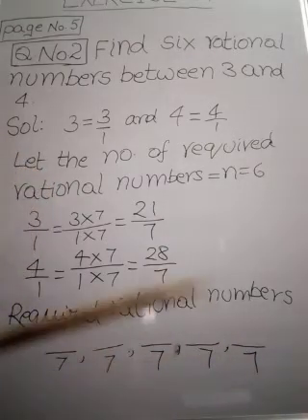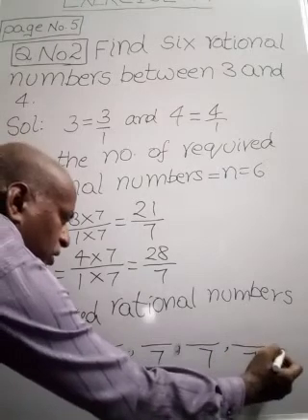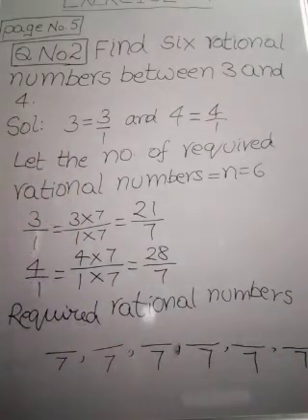How many rational numbers did I write here? 1, 2, 3, 4, 5 and one more rational number, 6. Total 6 rational numbers I wrote here. But I did not fill the numerator. I wrote only denominators. Isn't it, my dear children?